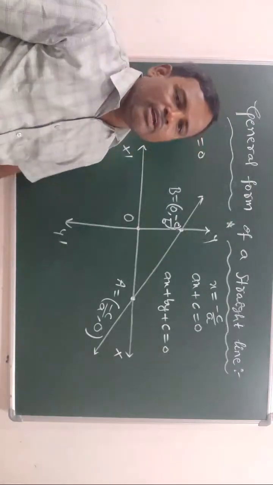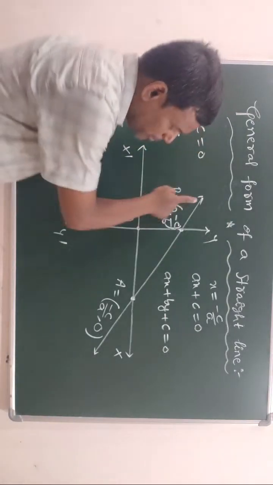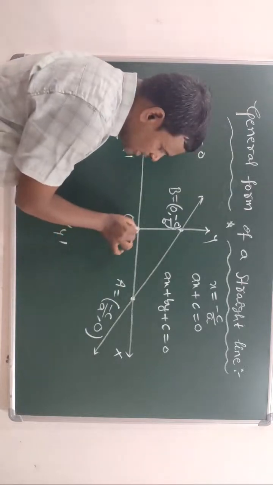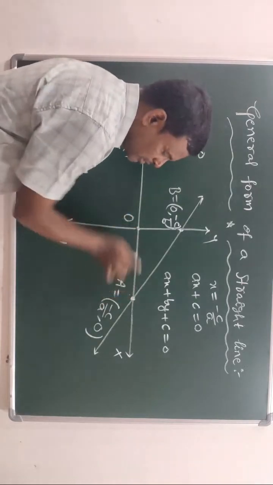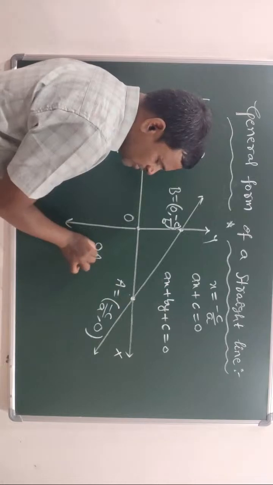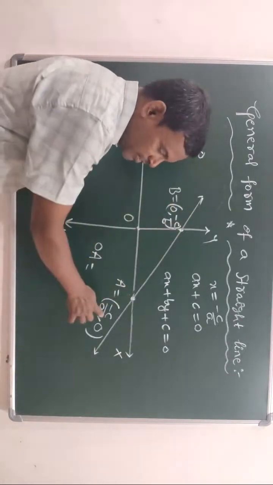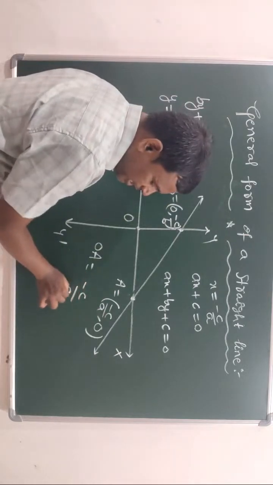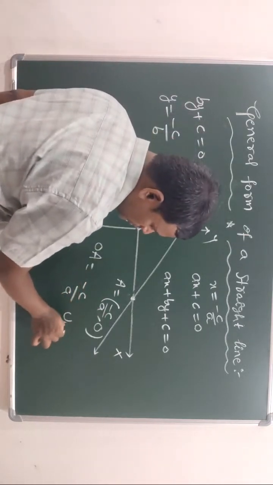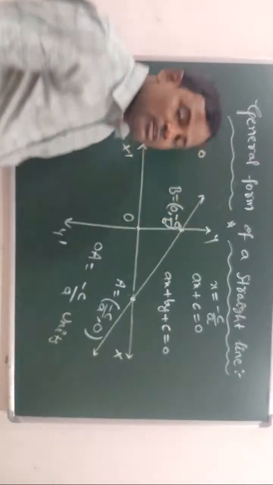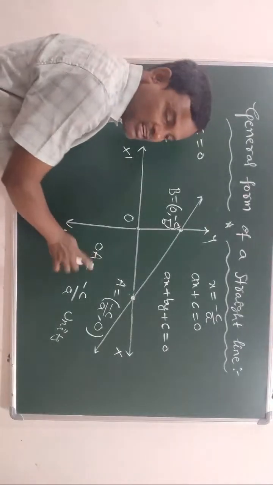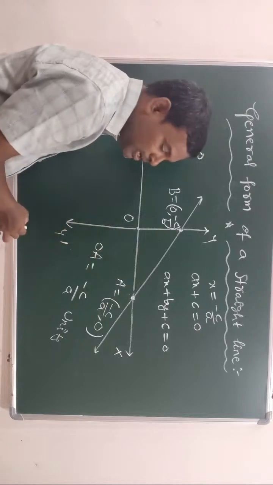Now I would like to find the x-intercept made by this line, which means the distance from O to A. This OA is known as what? The x-intercept made by this line. How much have we got? Minus c by a units. Okay. So here this is not a negative distance, it should be positive.